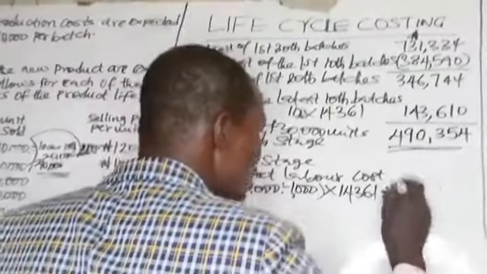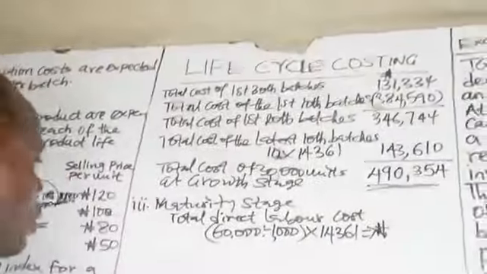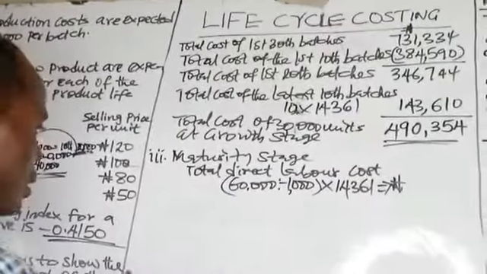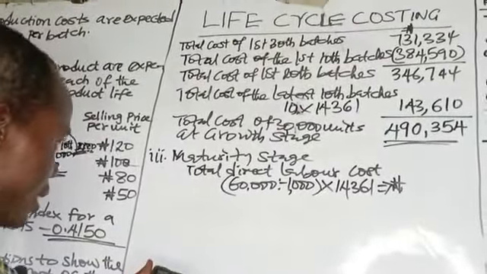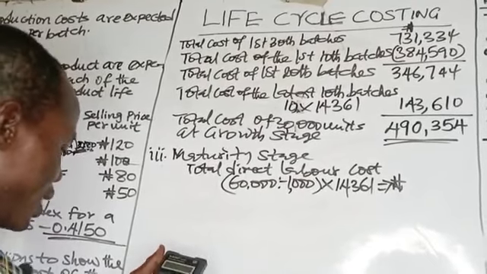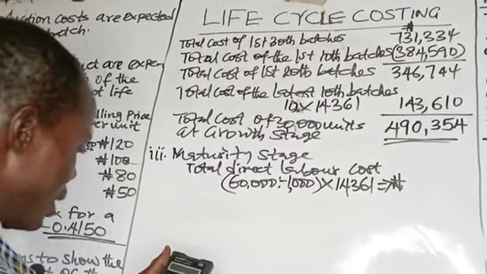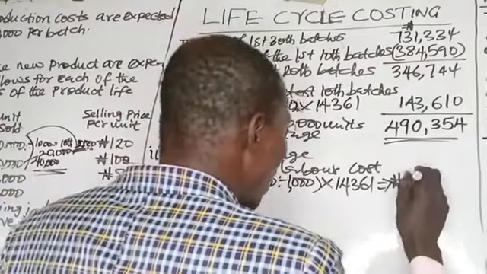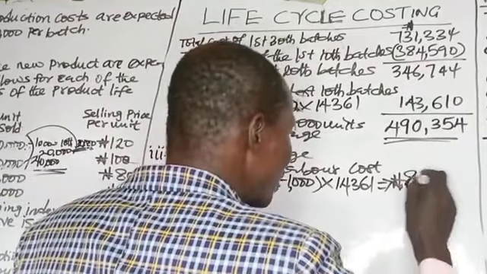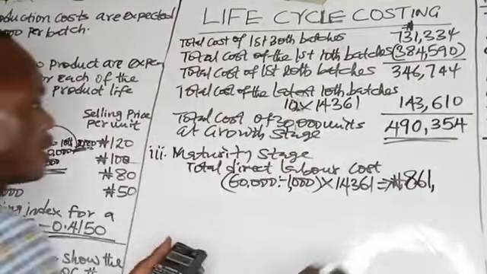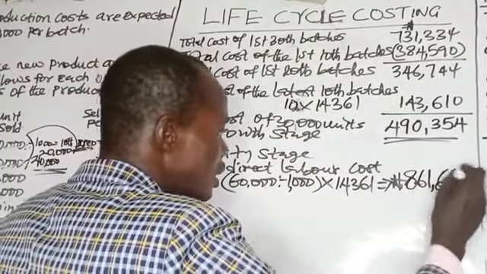So, this will be 60 batches. 60 times 14,361. That will be 861,660.